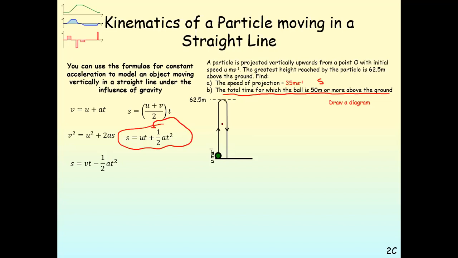We need the ball above the ground 50 meters. Let's say that's 50 meters above the ground. It means the total time taken, the time from here to there. So that's U equals 35.